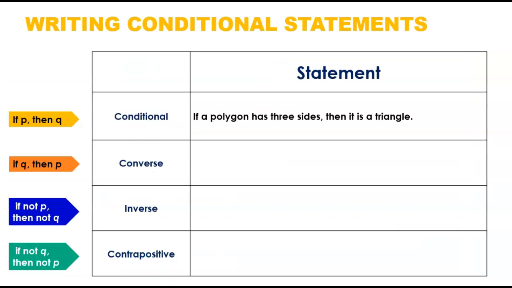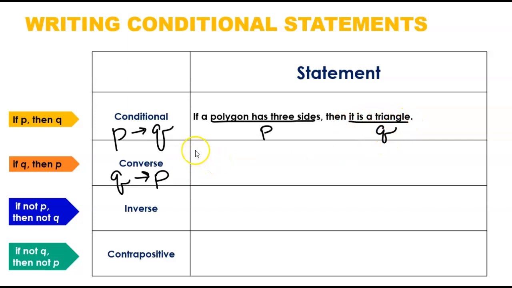If a polygon has 3 sides, so remember, this is our P to Q. So the converse is just going to go Q to P. So if a polygon has 3 sides, this is our hypothesis, which is P. It is a triangle. That is our Q. So we're going to switch them.